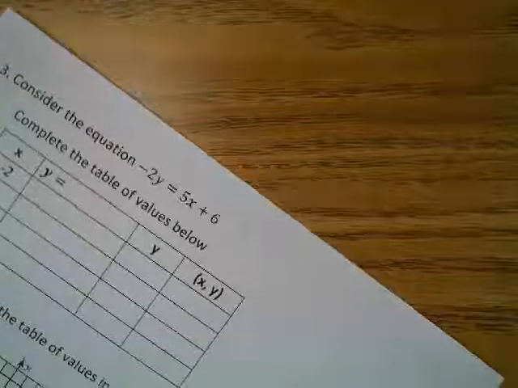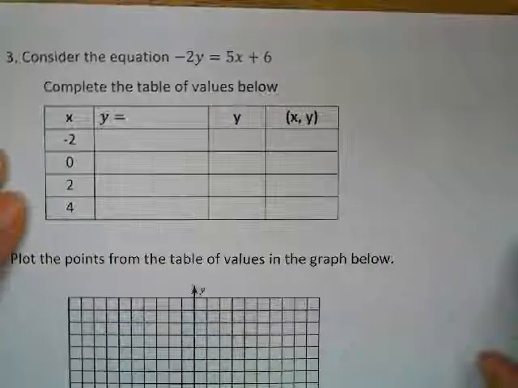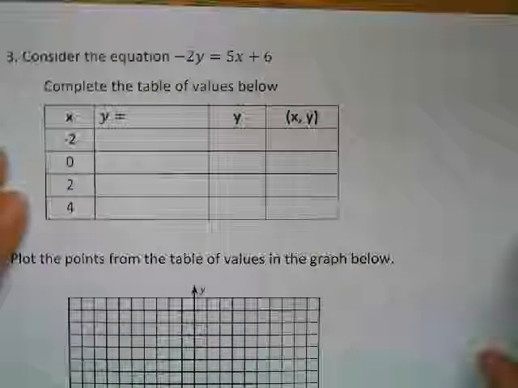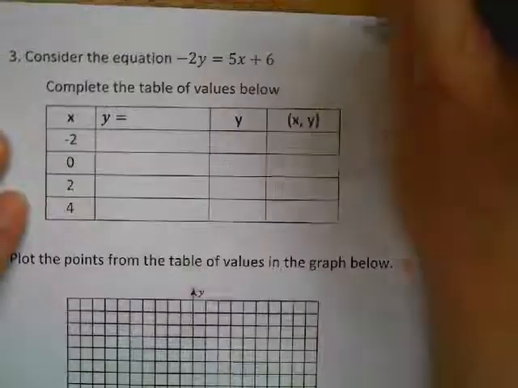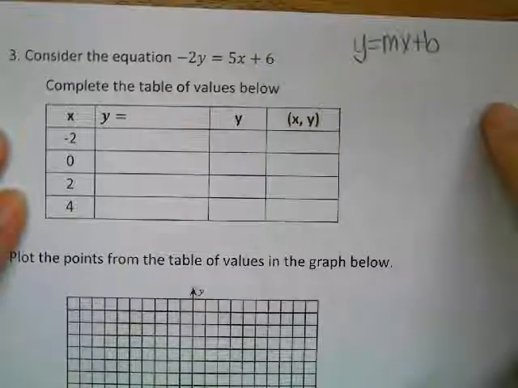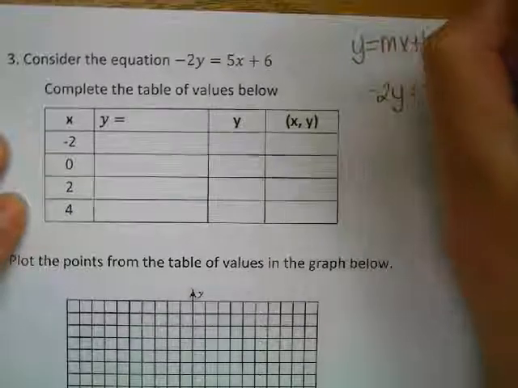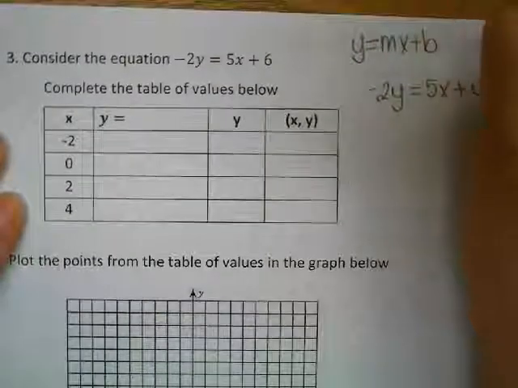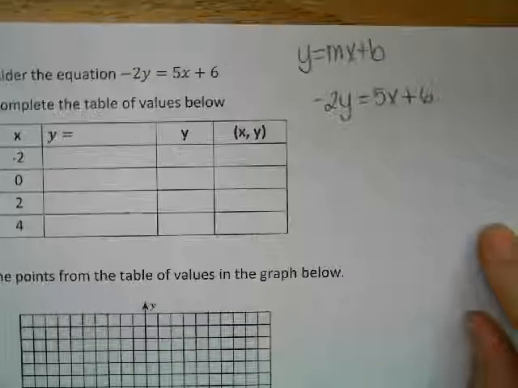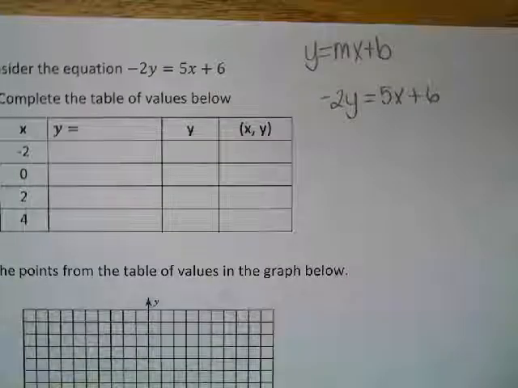Okay, then the last one. We have -2y equals 5x minus 6. So this is not in slope-intercept form. So what I'm going to do is solve this equation for y so that it becomes a linear equation in slope-intercept form.